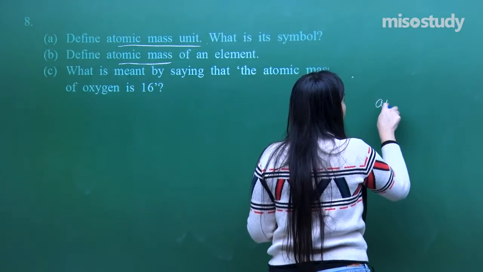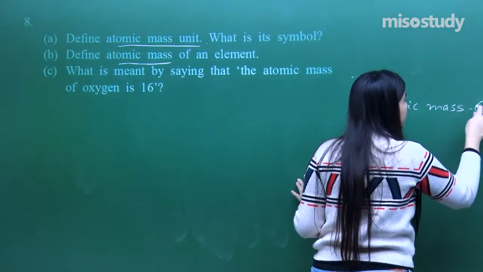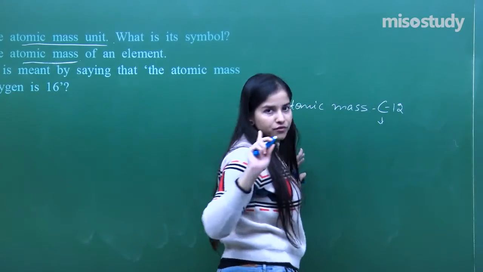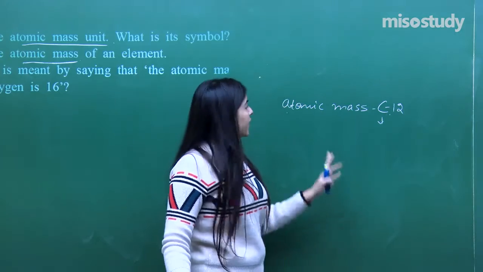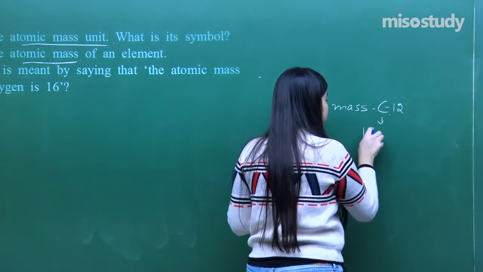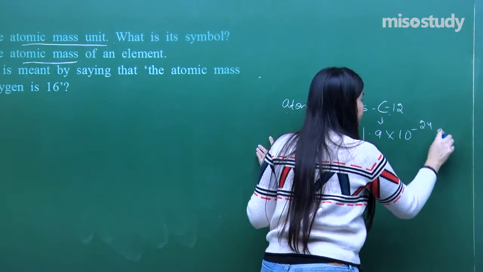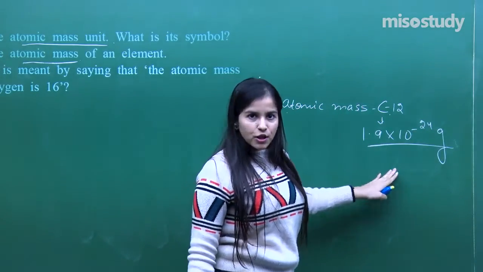So basically if we talk about the atomic mass of carbon 12, this is a specific isotope of carbon we have taken because it is usually very abundant in nature. So atomic mass actually comes out to be this much grams, which again makes our calculation very complicated.